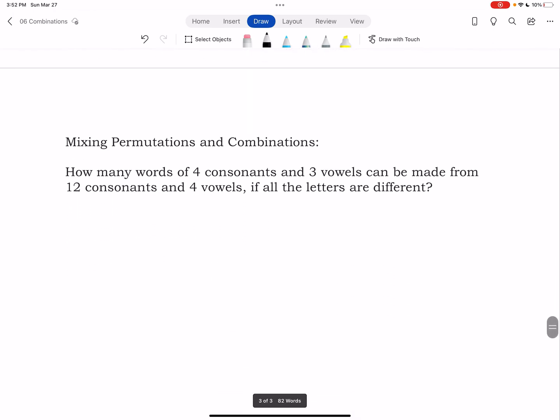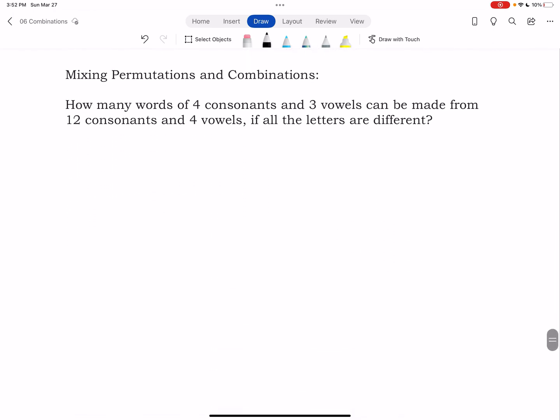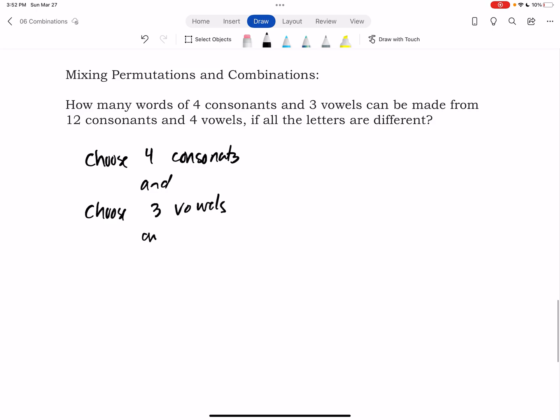Okay, so what do I do if I'm going to mix together permutations and combinations? So let's think about why this problem mixes them together. How many words of 4 consonants and 3 vowels can be made from 12 consonants and 4 vowels if all the letters are different? So what do I have to do in this problem? I have to choose the 4 consonants, and I have to choose the 3 vowels, and I have to arrange the 7 letters I chose.